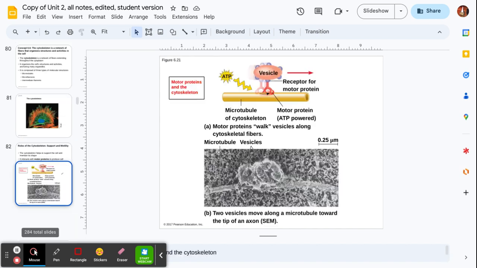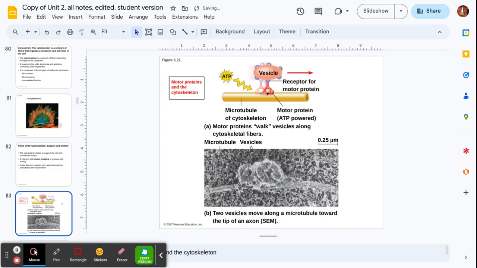So this next slide shows that. At the top here, I have a vesicle. Remember, a vesicle is just something that has a membrane wrapped around it. It's just like when you get your groceries, you put them into a bag, and you use the bag to move from place to place. So the vesicle is used to transport its contents from place to place, so they can get where they need to go.